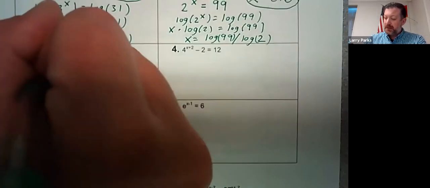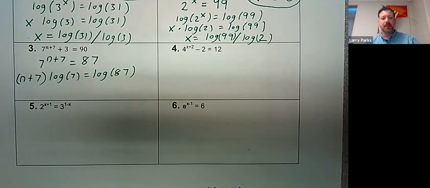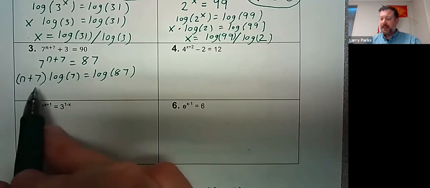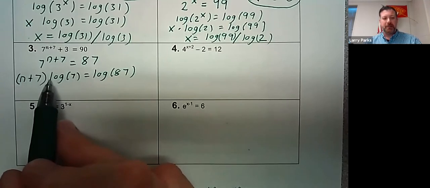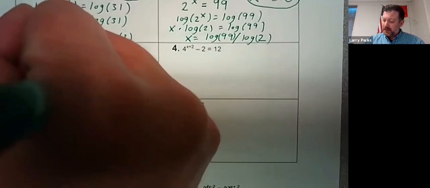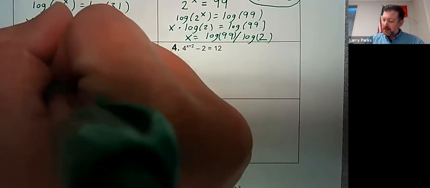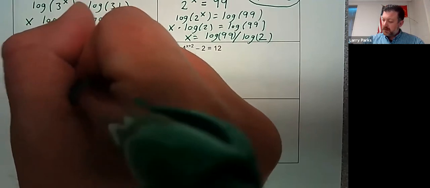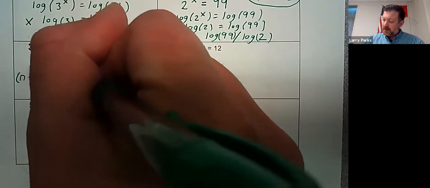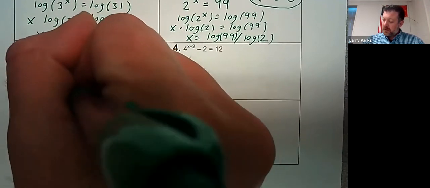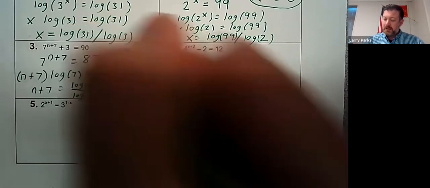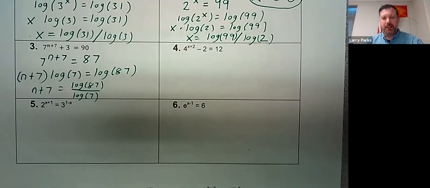And I should put that in parentheses. So then, to solve for n, I'm going to divide both sides by log of 7. And then to solve for n, I subtract 7.